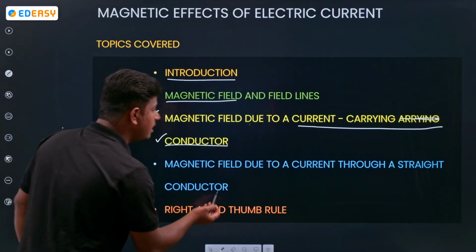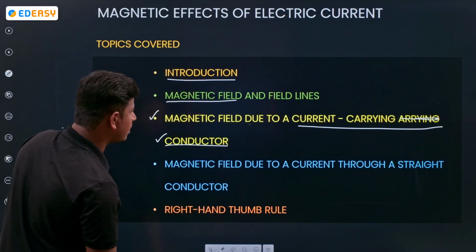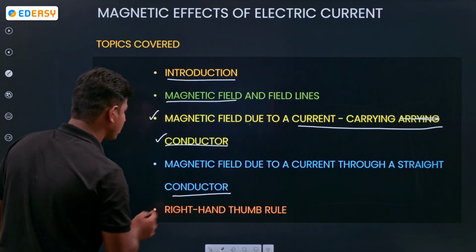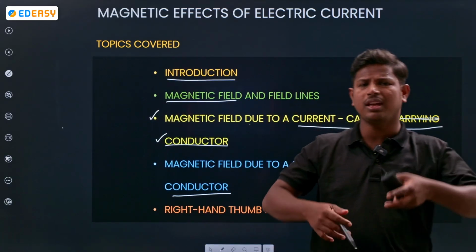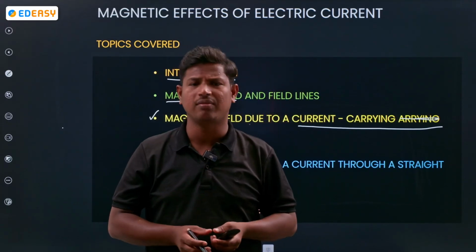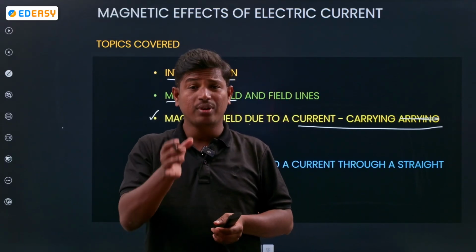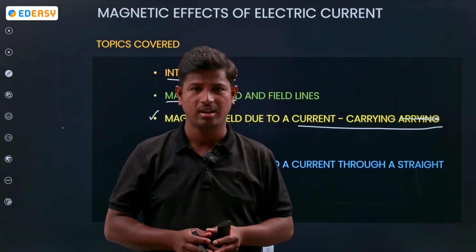Next, magnetic field due to current through a straight conductor. If you take a straight conductor, how will the magnetic field be? If you change the shape, how will it be?